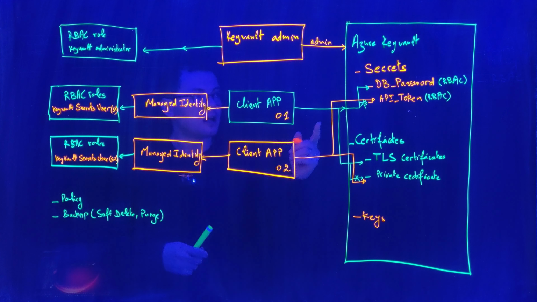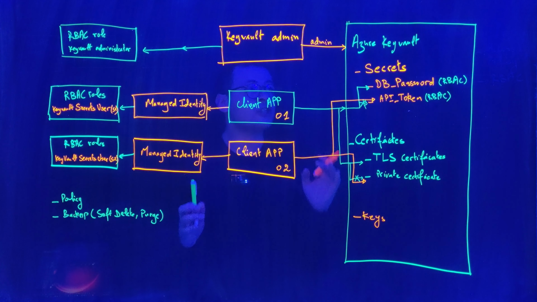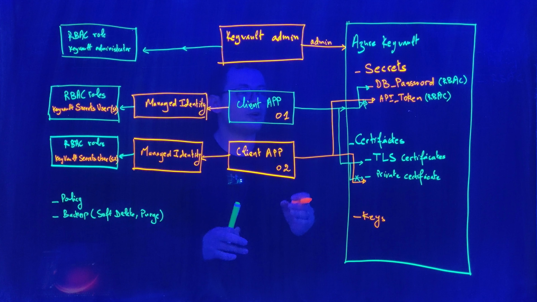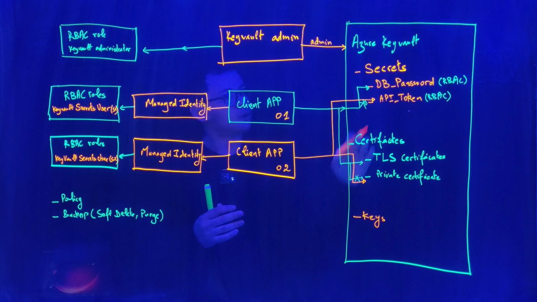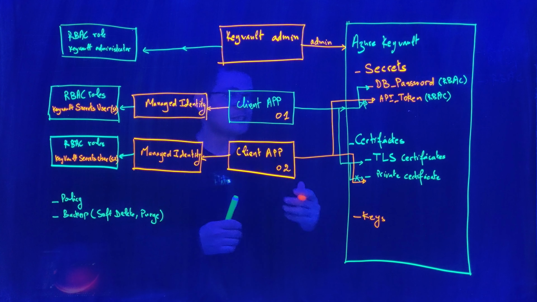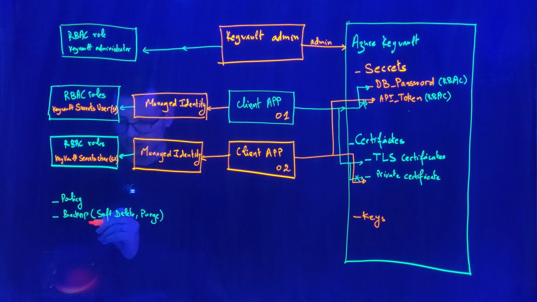And for the backup here, actually the Azure Key Vault is a regional resource. It means it's available in one single Azure region, but Azure will create a replica and will replicate that Key Vault with those different objects in another Azure region, which is the paired region. So for the backup, we actually have a copy in the paired region.